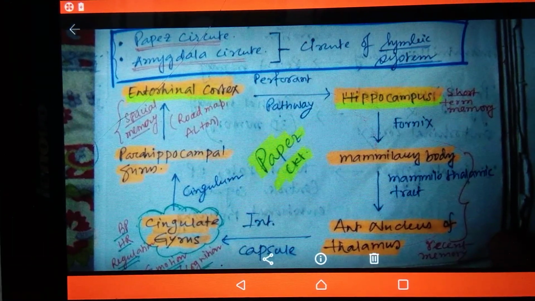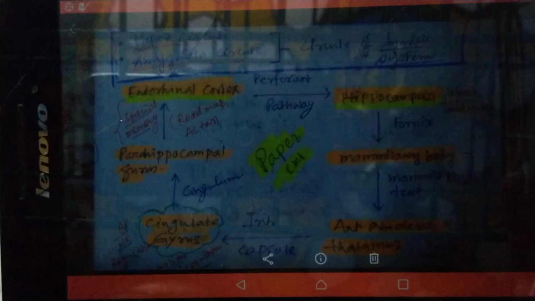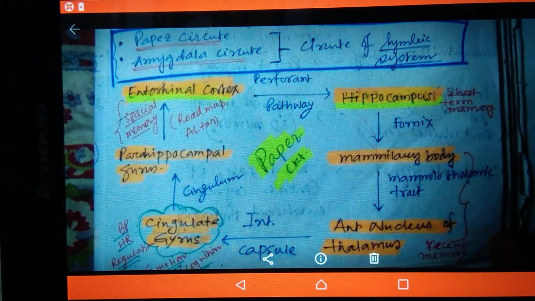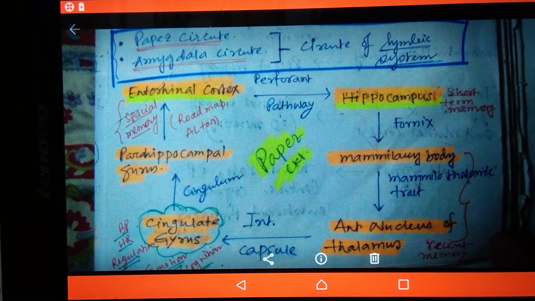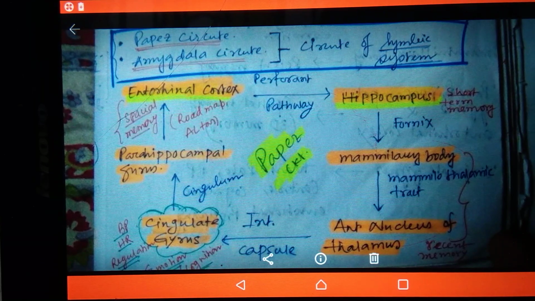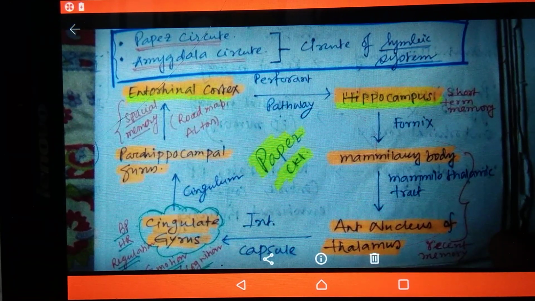The amygdaloid circuit is nothing but the connection of the prefrontal cortex of the cerebrum with the amygdala and hippocampus. The amygdala is mainly related to our emotions, and the hippocampus to our short-term memory. Memory related to emotion is easily recalled by our brain.